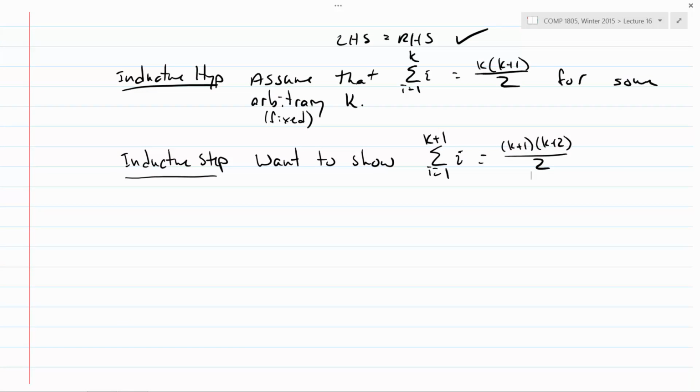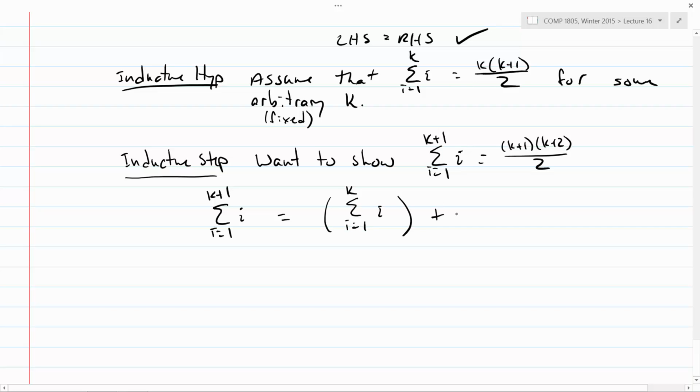All right, so we do the usual trick for working with the summation. We start on the left side, so i equals 1 to k plus 1 of i. And we split that up into the part we know about and the part we don't know about. I know something about the sum from i equals 1 to k of i.